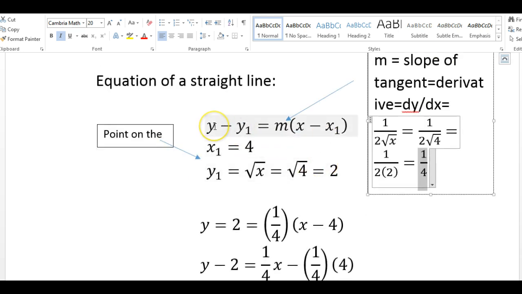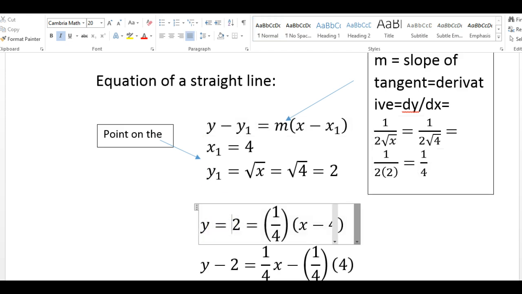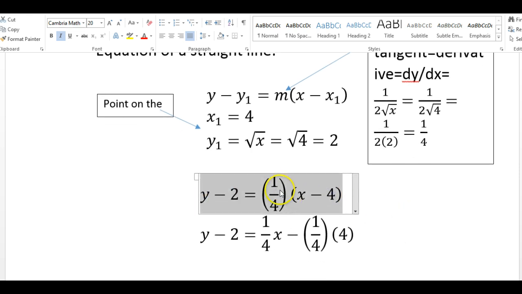Now it's a matter of plugging in. Y minus y1, which is 2, so y minus 2 is equal to m, which is 1/4, times x minus x1, which is 4. Now you have the equation, but for simplification we need to distribute.